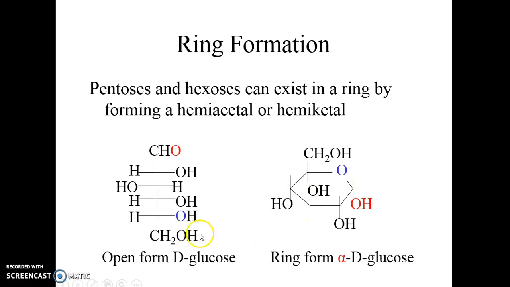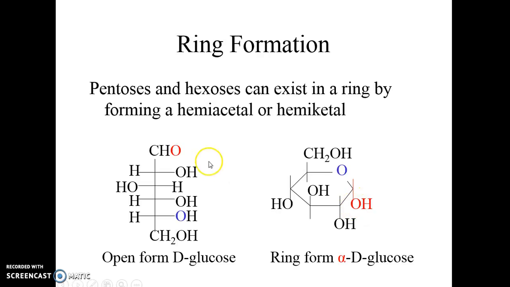Let's look and see how this occurs. Notice this oxygen right here, the oxygen that determines whether it's D or L, becomes part of the ring. And what you can visualize is that this chain of carbons is bending backwards, and this oxygen right here goes back behind all this and attacks that carbon in the carbonyl.